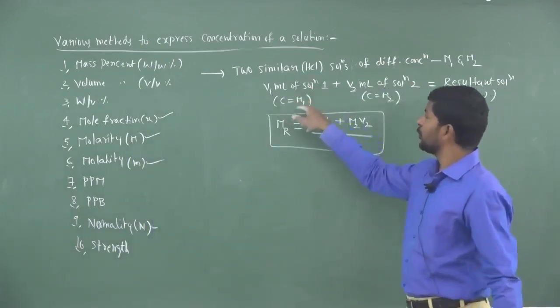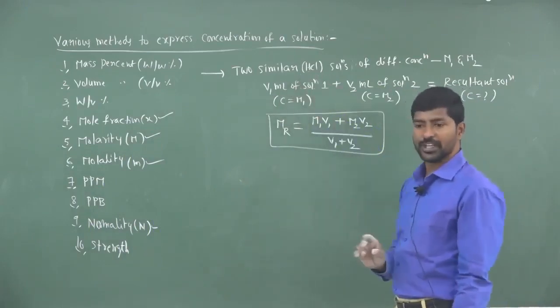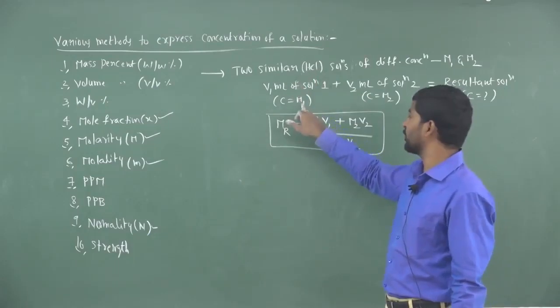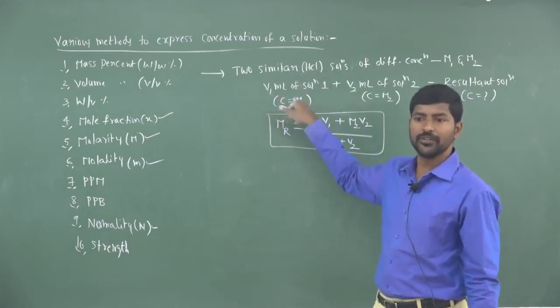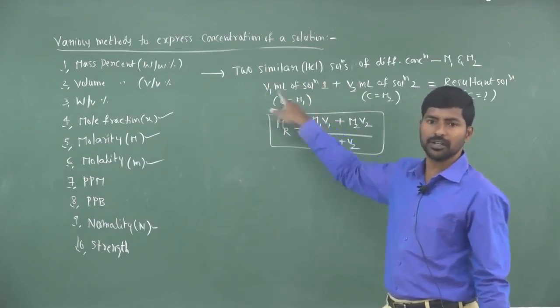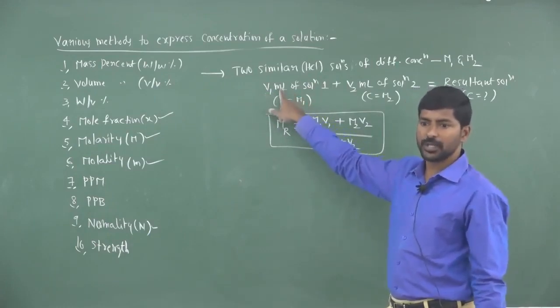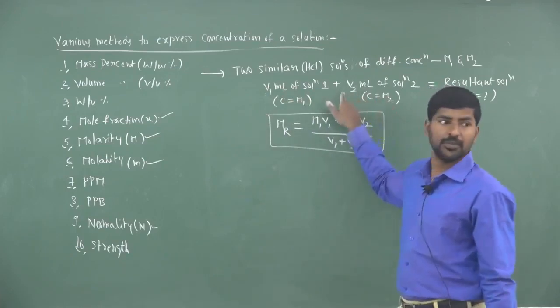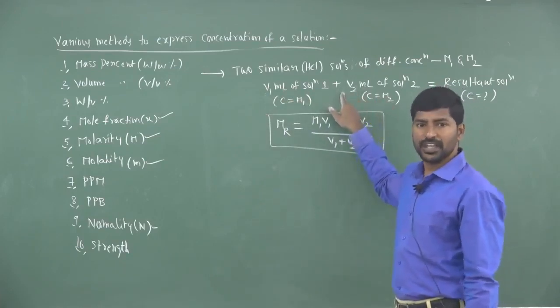In the first solution, the number of moles of HCl present, we get M1 V1. M1 V1 gives the number of moles, or millimoles if you take volume in ml. M2 V2 indicates the number of millimoles of HCl present in the second solution.